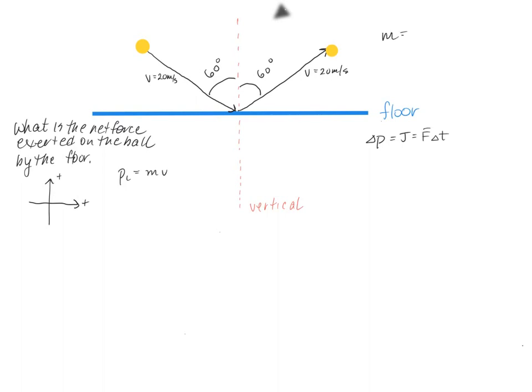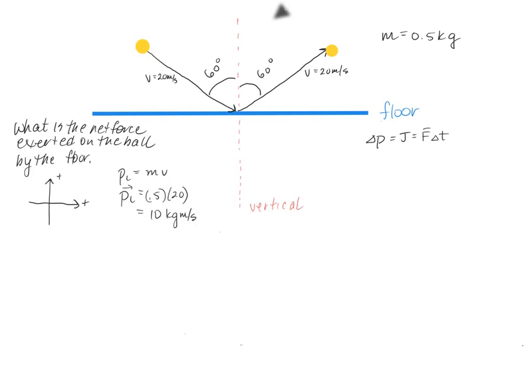So let's take the mass of the ball equal to 0.5 kilograms. So the initial momentum, which is a vector, is equal to 0.5 kilograms times 20, which is equal to 10 kilogram meters per second. Now we notice that this momentum has two components, an x component and a y component.